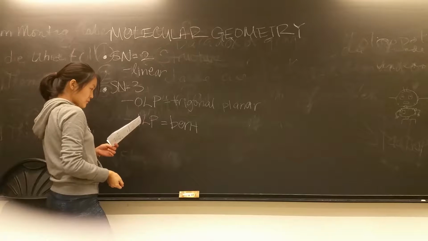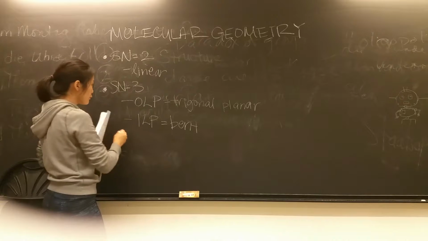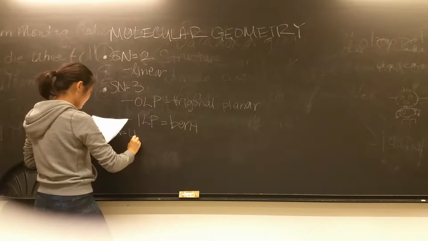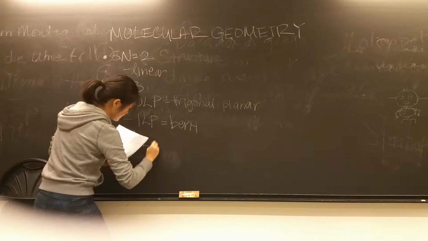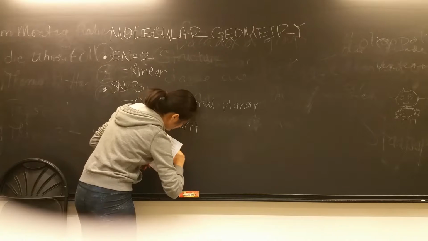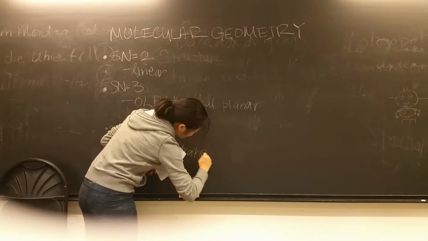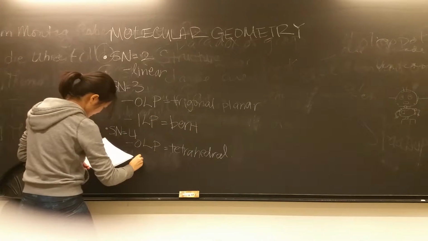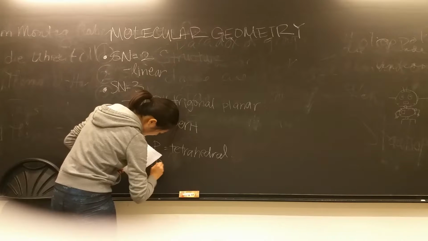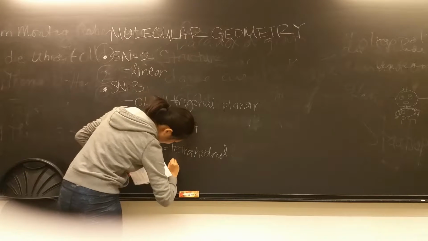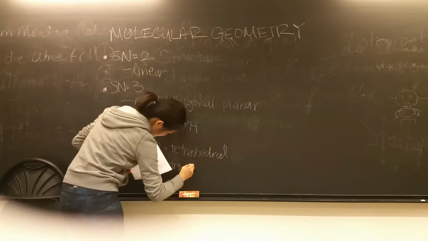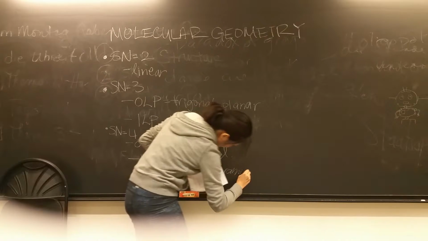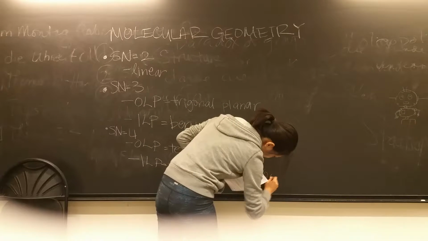Okay, and then when you have steric number 4, no lone pairs equals tetrahedral. Again, just like when we had the electron pair geometry. If you have one lone pair, this is going to be trigonal pyramidal, or just pyramidal.